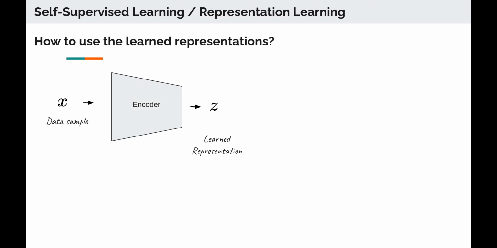Let's say we do the autoencoder. Okay, so we train an encoder and a decoder, and the encoder is going to output some small low-dimensional representation of the image. Now, once we have trained this autoencoder, we are going to throw away the decoder, and we are going to say that this Z is the learned representation of the image.